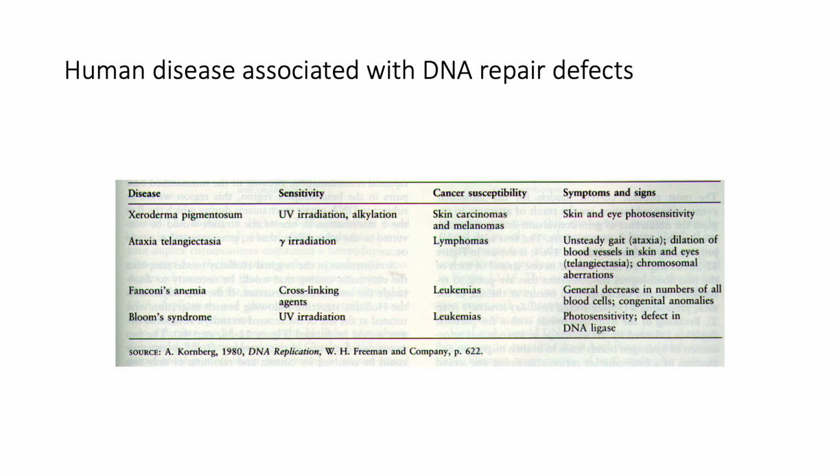And again, this is a defect in DNA ligase, so it doesn't hook fragments together like the Okazaki fragments. And so we saw the picture earlier of a 10 to 20-fold increase in crossing over during mitosis or meiosis in people with Bloom's.